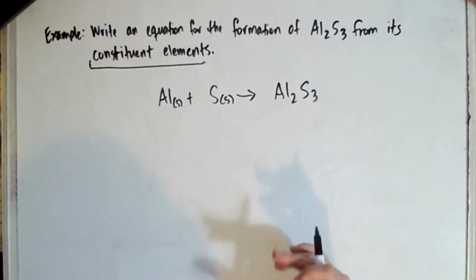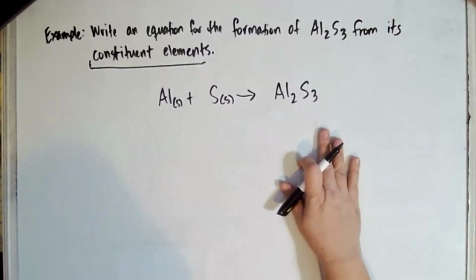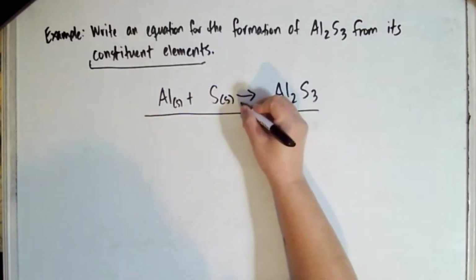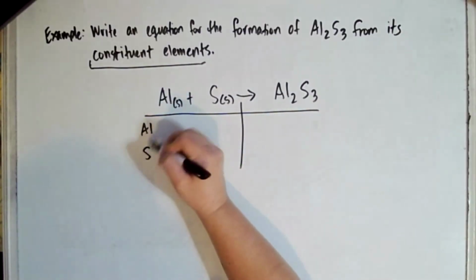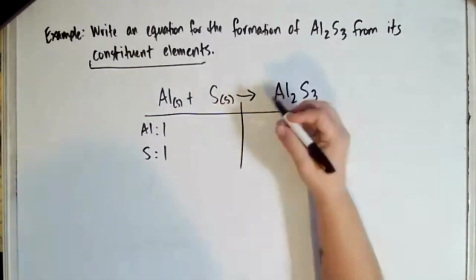And what we really want to focus on here is figuring out how to balance the atoms on each side. So for this one, we write out our skeletal reaction, we get that finished. And this one's a little bit easier than the last one that we did. We have aluminum and sulfur on both sides. On our reactant side, there's 1 of each.